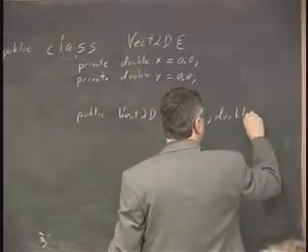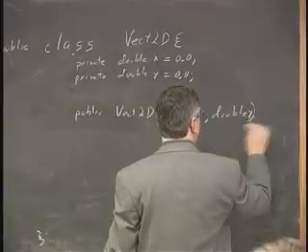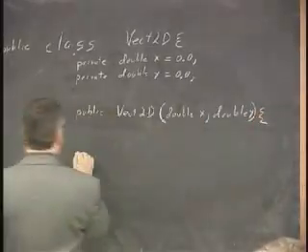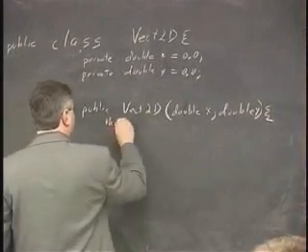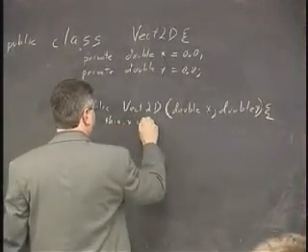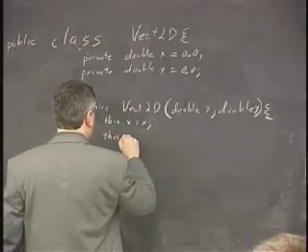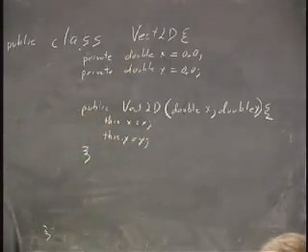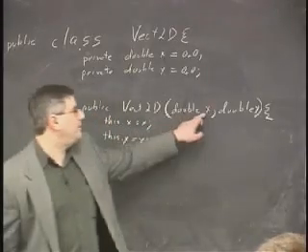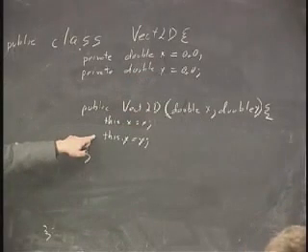And you can write constructors with arguments. So double x, double y. And internally, this.x equals x. Some people would probably object to my passing in arguments of the same name and using this syntax.